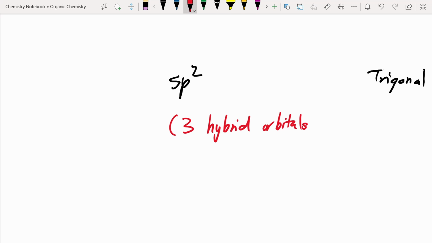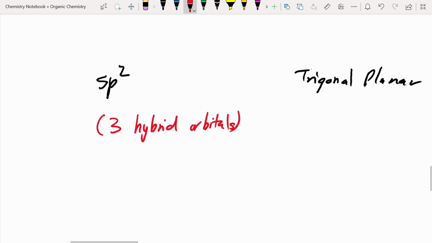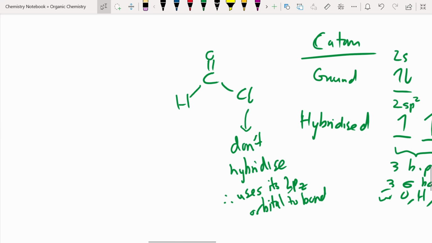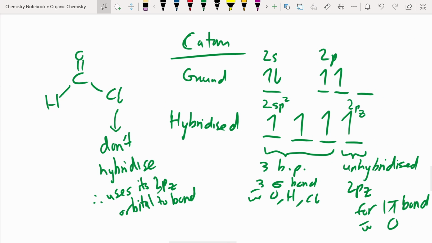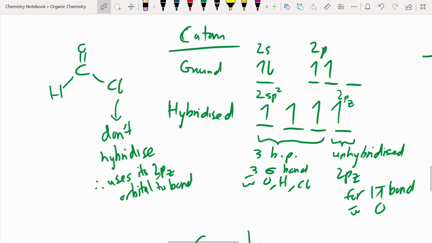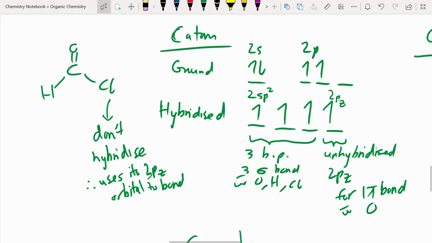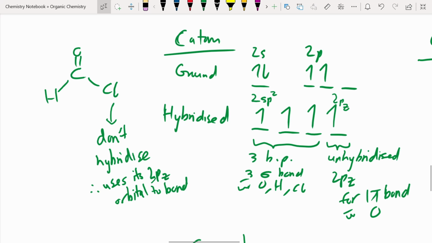It is a trigonal planar arrangement of the electron pairs, and this is one molecule that you can look at. We can take a look at the hydrogen and the chlorine first. Remember rule number 2: you do not hybridize the terminal atoms that are single bonded.